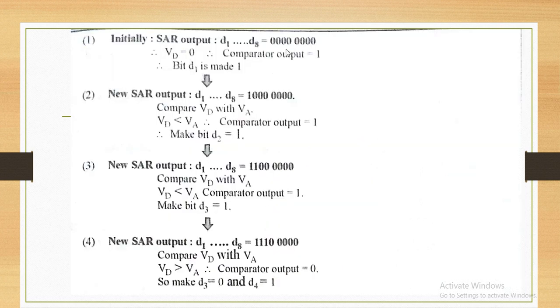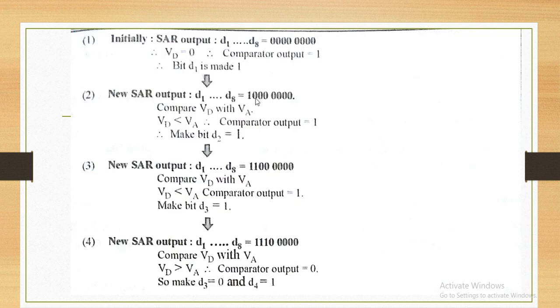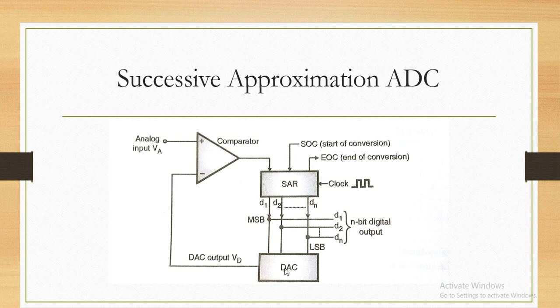So the new SAR output will be: this MSB will be 1 and all other inputs will be 0. Now we are comparing VD with VA. This code, 1 0 0 0 0 0 0 0, is applied to the DAC, and from that DAC we are getting a VD proportional to this digital input.